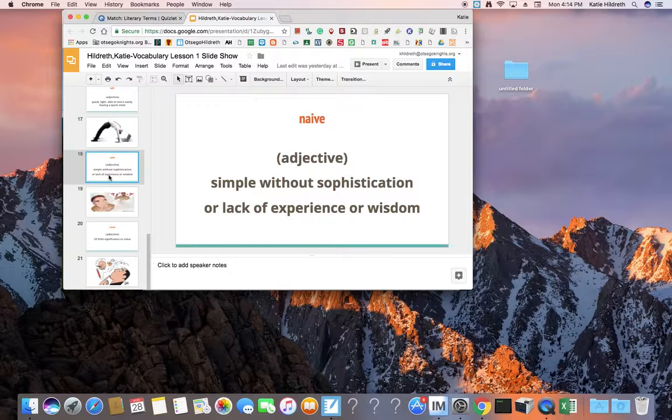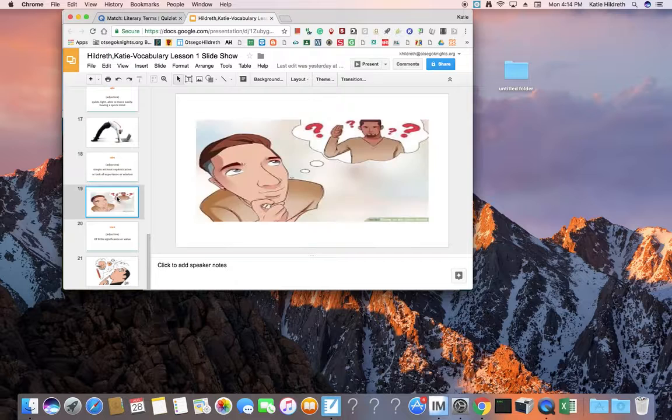Sometimes, like the example I said about the grandmother, older people are naive to social media. They don't understand technology and computers and Facebook or Instagram like other people do. So that would be simple. And the picture I put was a gentleman pondering something.